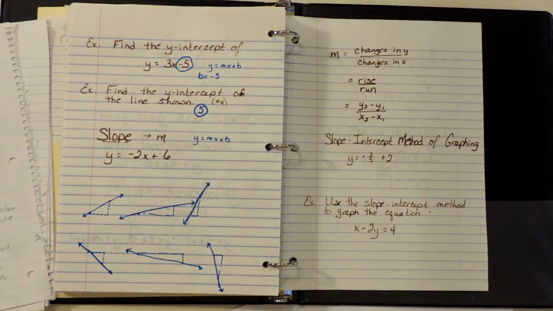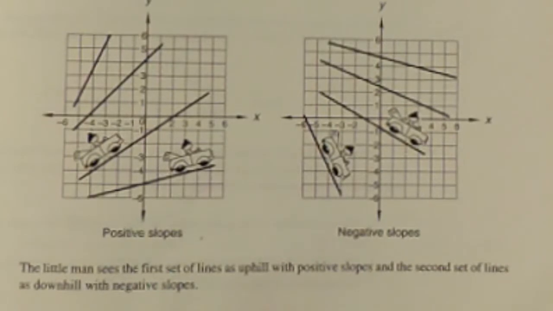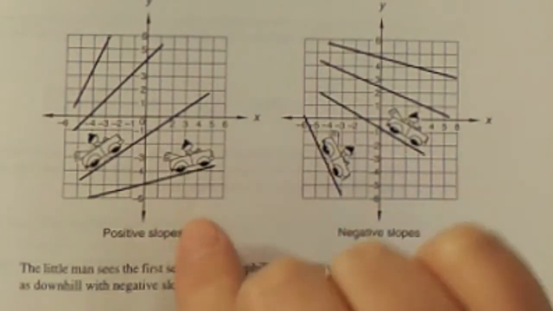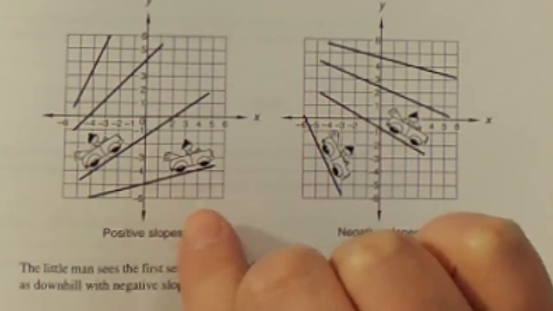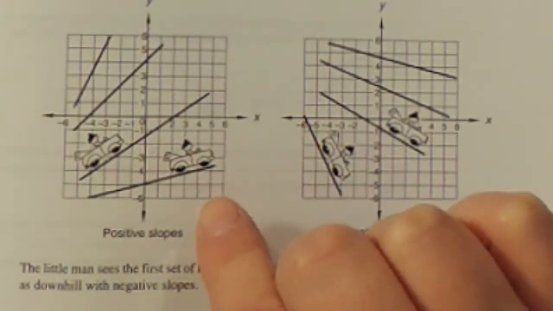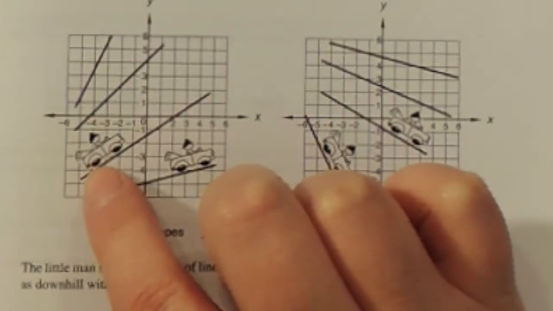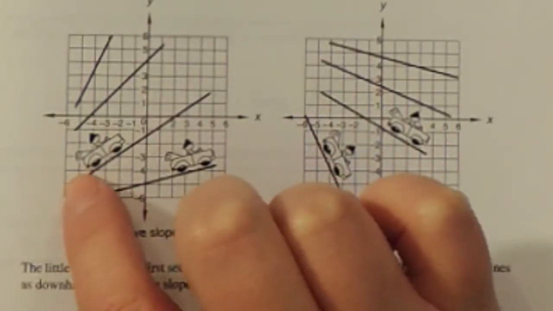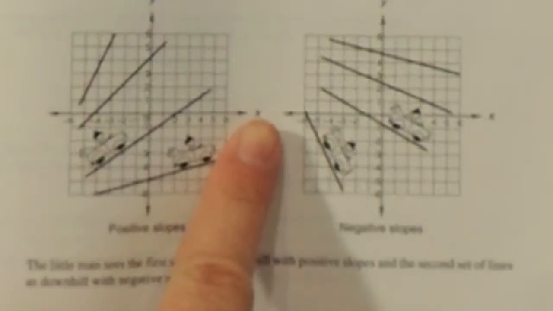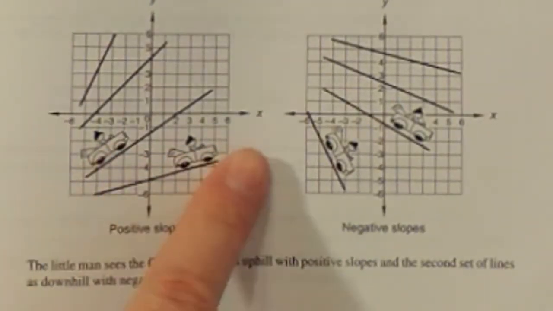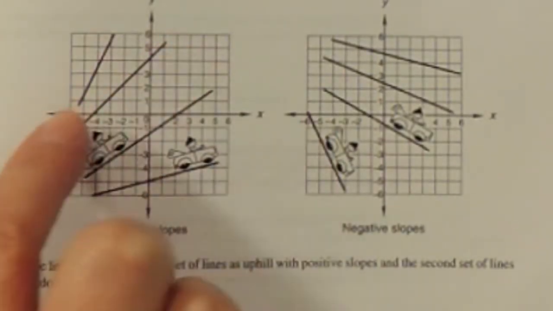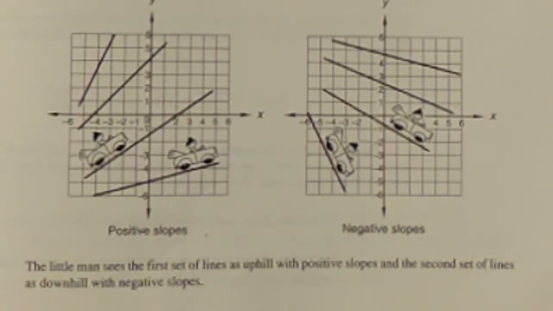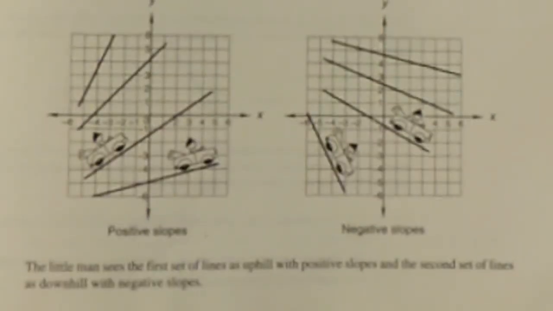Okay, the book. Okay, on page 307 in your book, we have this way of remembering which lines are positive and which lines are negative. We have a picture of a man in a car. And if the car is going from left to right, as x is increasing, if the car is driving uphill, then the slope is going to be positive, and the m is going to be positive.